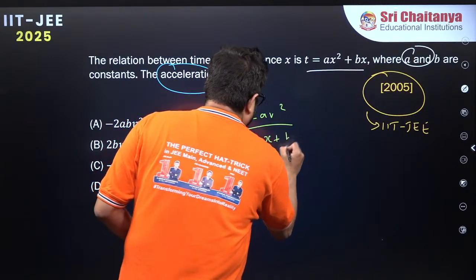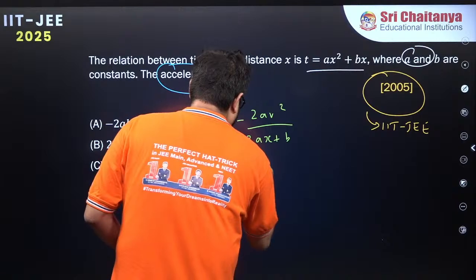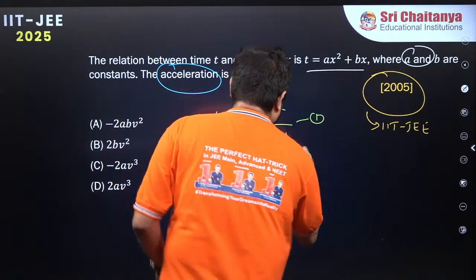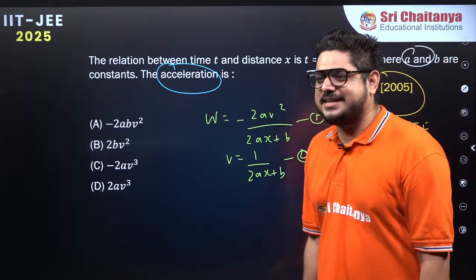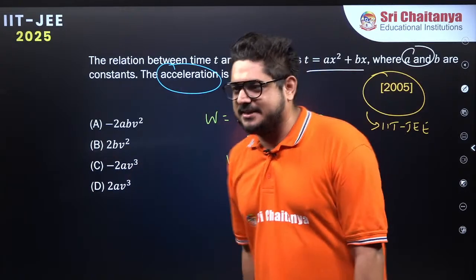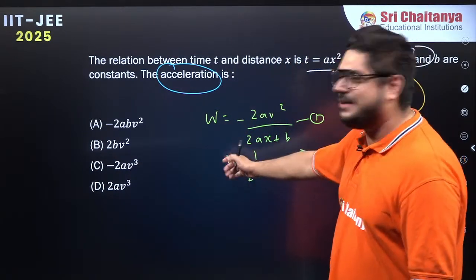And I got the expression of velocity as 1 by 2x plus b. So can I say that this 1 by 2x plus b is equal to what? Because we need to find out the acceleration. What is this 1 by 2x plus b? That is equal to v itself.